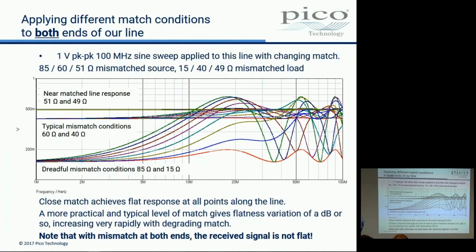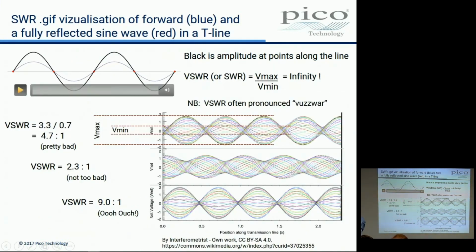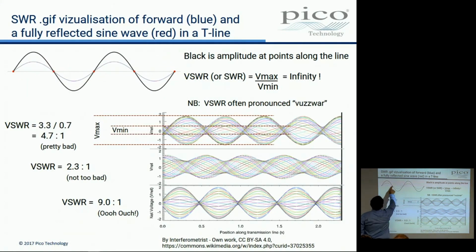And what we're seeing is at certain points along the line, we never get any signal amplitude. This black is the amplitude of the signal along the line. At some points we get nothing, and at other points we get peaks, in this mismatched line.